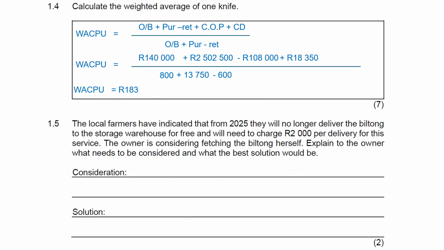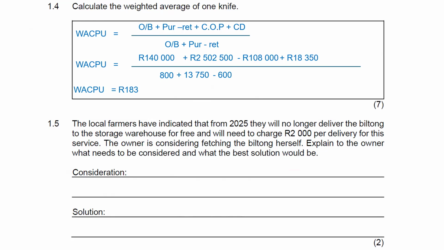Now, local farmers have indicated that from 2025 they will no longer deliver the biltong to the storage warehouse for free and will need to charge 2,000 per delivery for this service. The owner is considering fetching the biltong itself. Explain to the owner what needs to be considered and what the best solution will be.